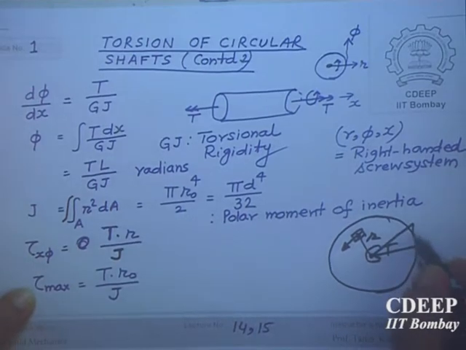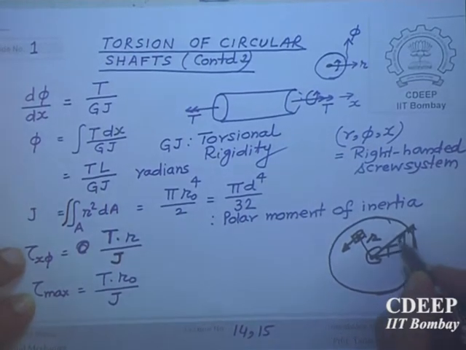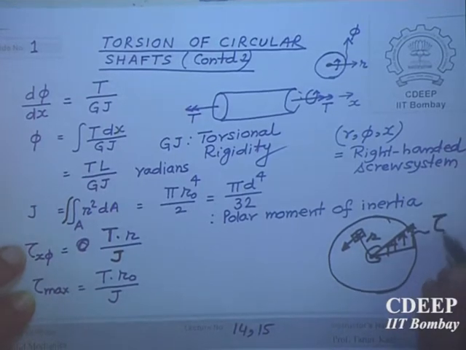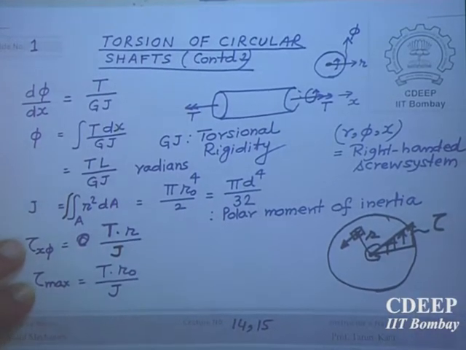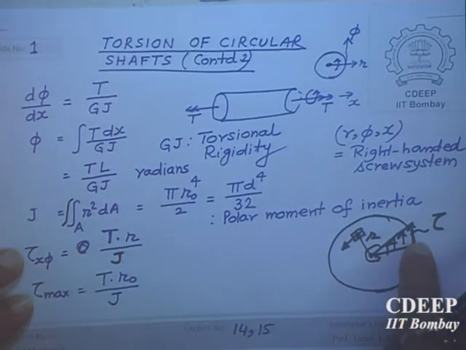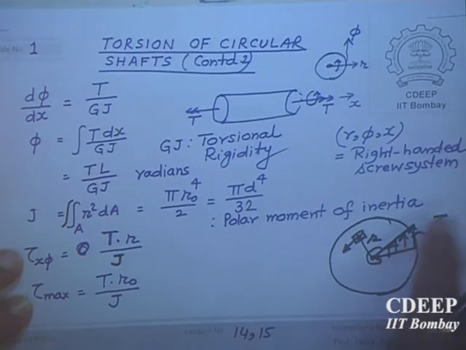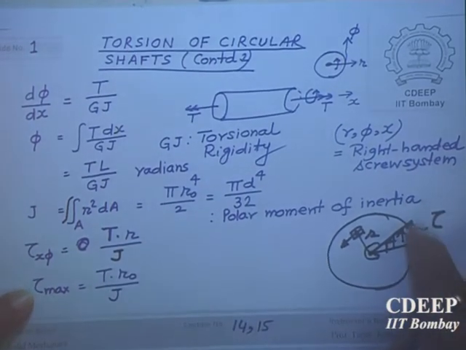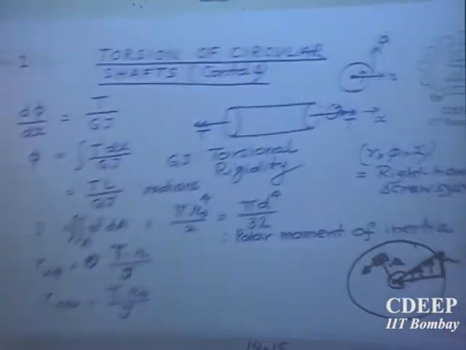The variation of shear stress is triangular. This is how tau varies from the center to the periphery of the circle. So tau varies linearly, and this is how tau maximum is this value. So this is the gist of what we have done.